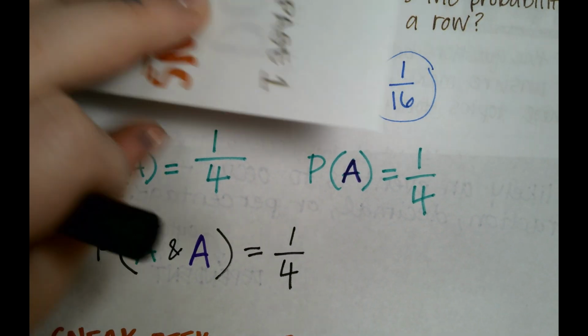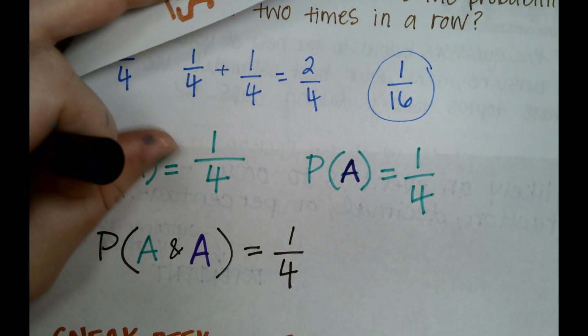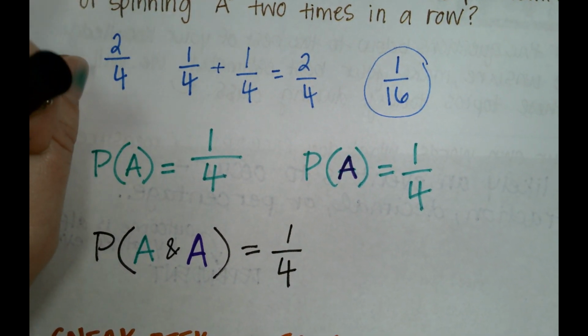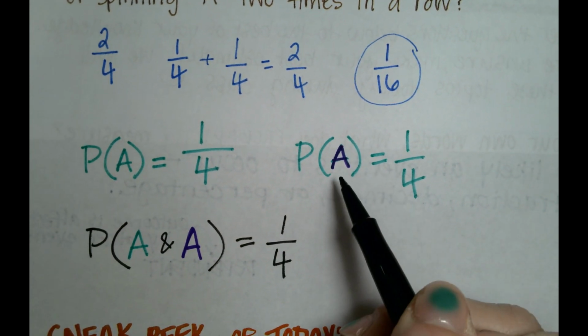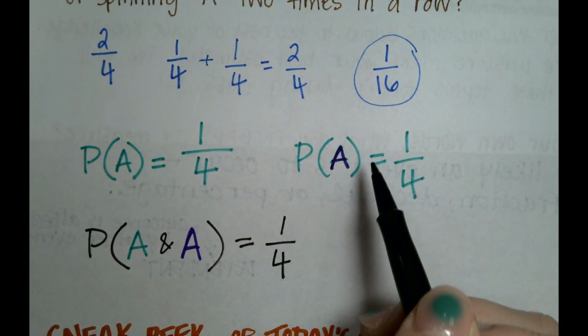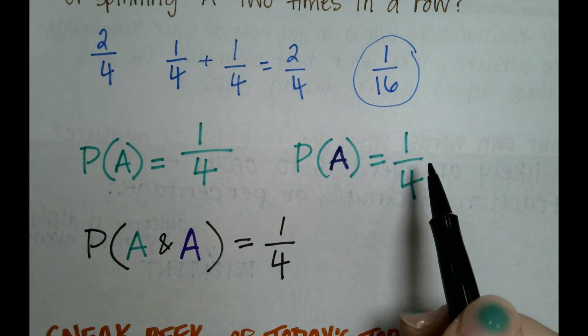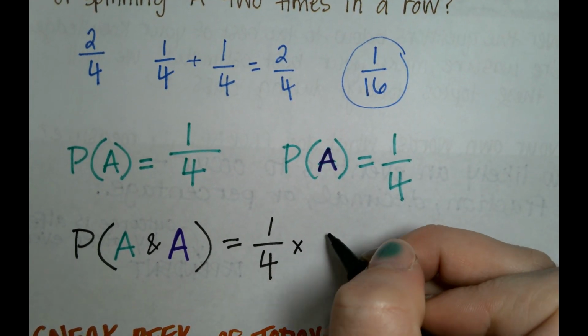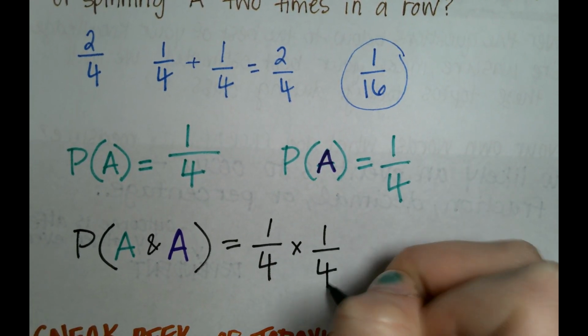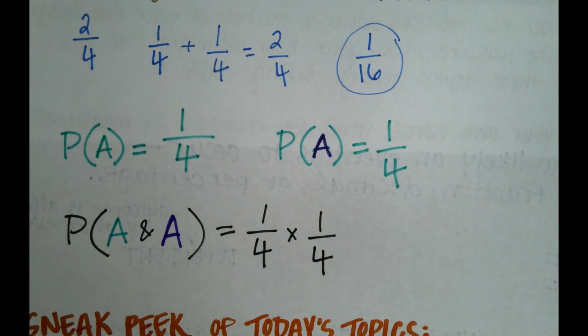And our formula tells us that we need to multiply that by the next event, which is spinning A again, 1 over 4. So I'm going to multiply by 1 over 4.